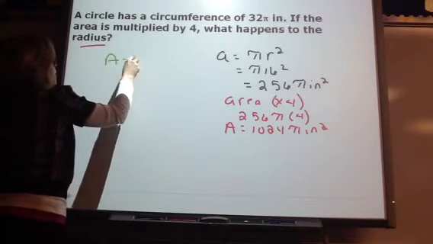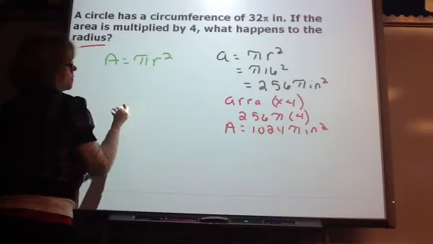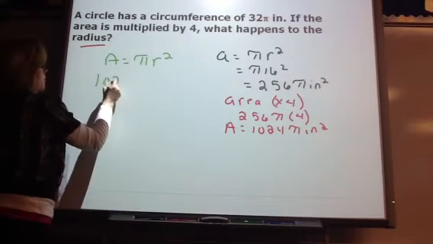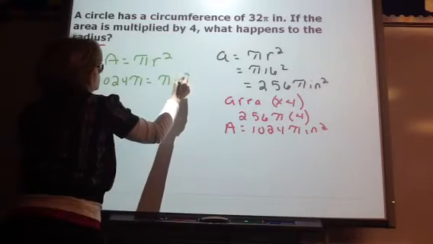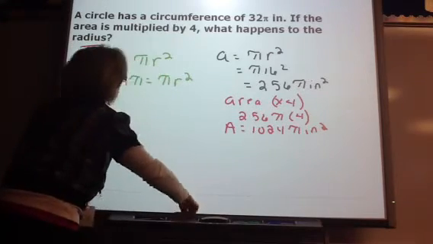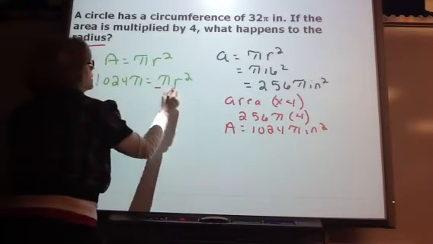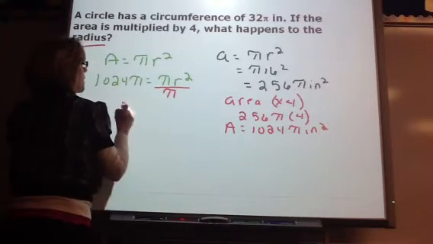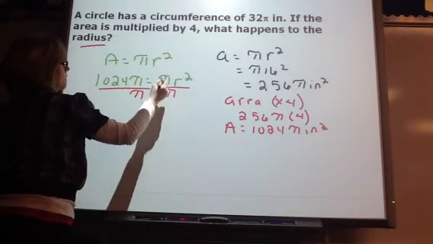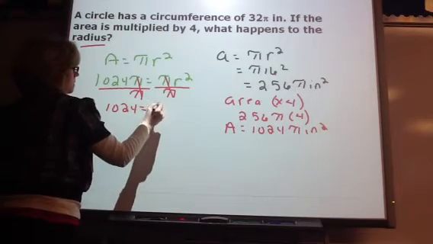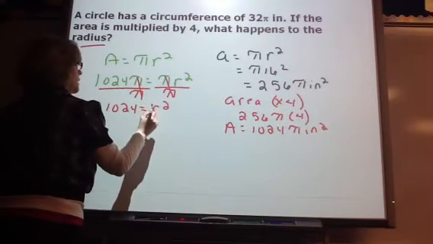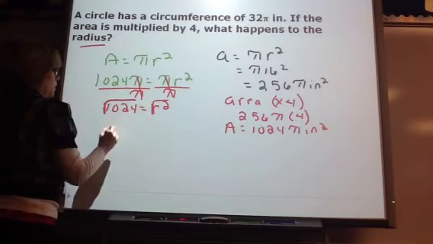So area equals pi r squared. Let's substitute in what we have for our area. And we can use the inverse operation and divide by pi. And then we can take the inverse of r squared, which is the square root.